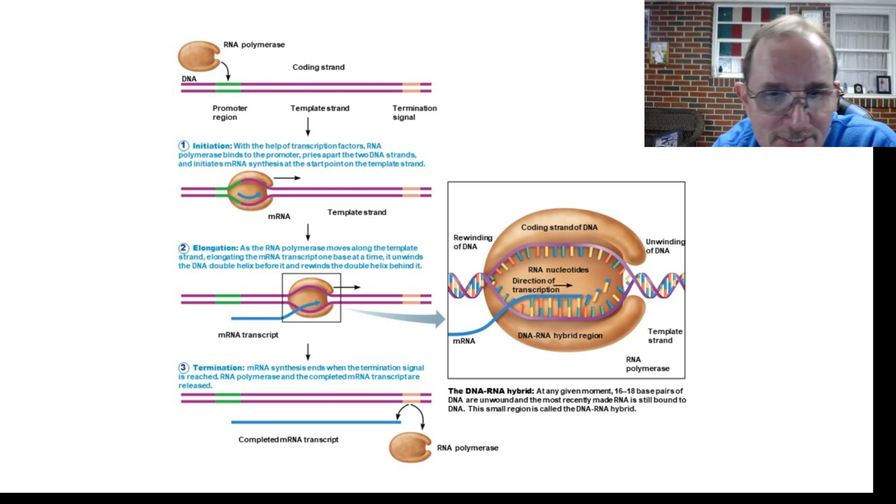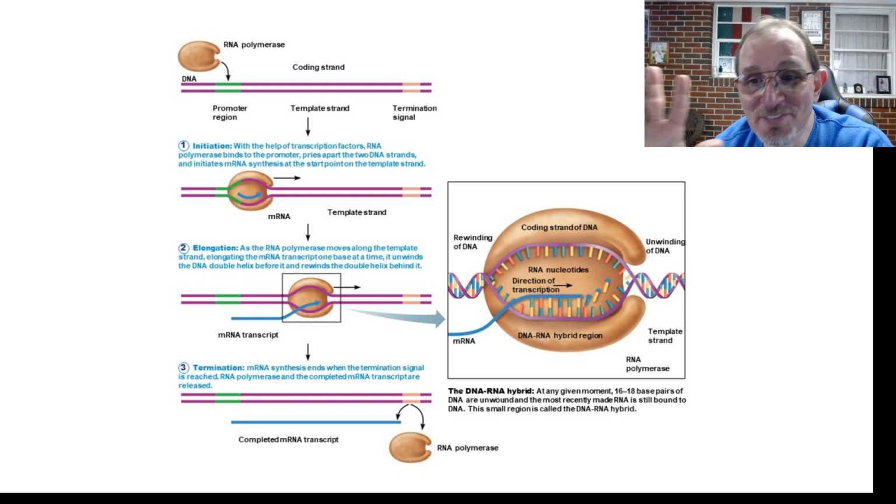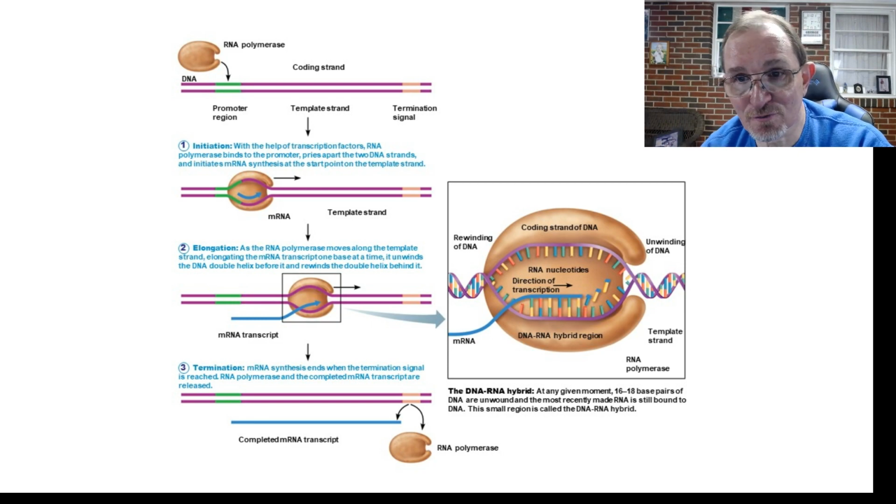Okay, now here's something. RNA polymerase always starts on the 5' end. Here's another little piece of information that's going to be really good for you. Everything that we do with DNA starts 5 to 3. We never go the other direction.